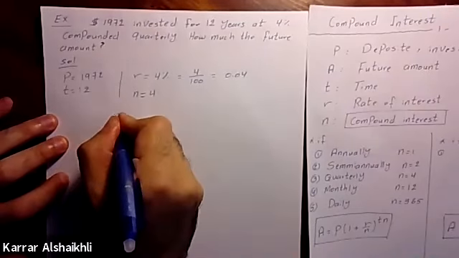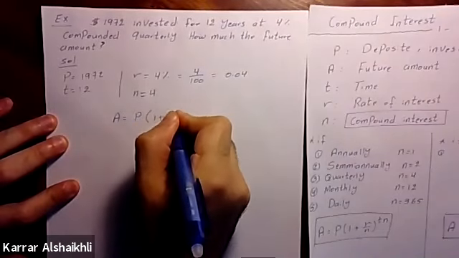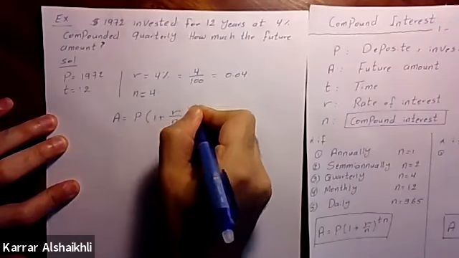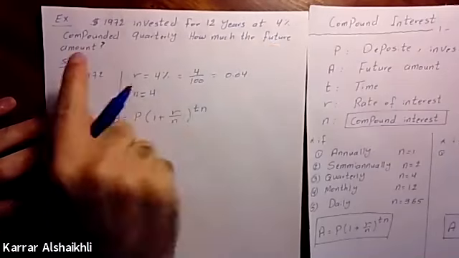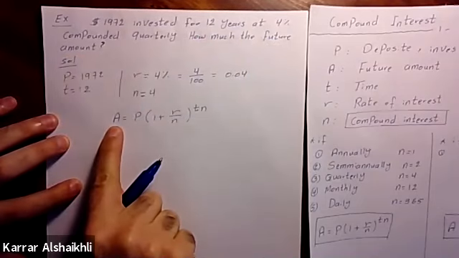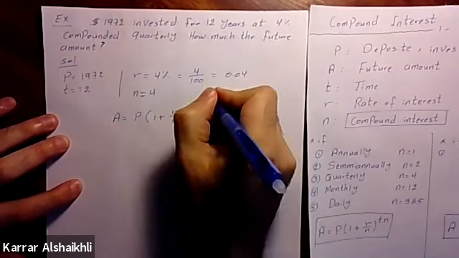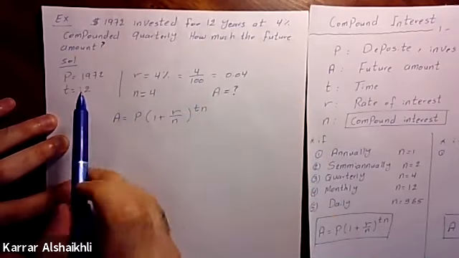So A equal P times 1 plus r over n, to the power tn. How much is the future amount? They ask you to find the future amount, which is A. That's what they're going to ask you to find. So A equal, we need to find the future amount in your account.